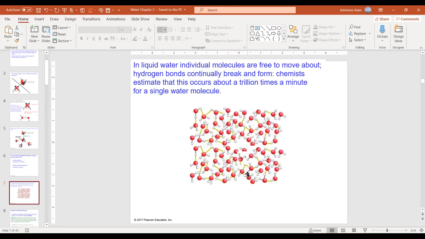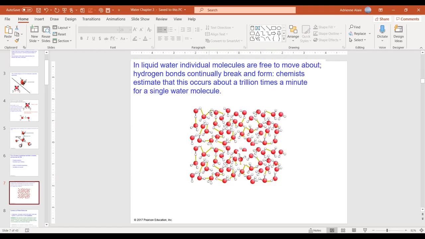So hydrogen bonds are constantly breaking and forming. Right? So look at this. Chemists estimate that this occurs 1 trillion times a minute for a single water molecule. So everything's under constant motion, kinetic energy, right? These water molecules have kinetic energy, and they're constantly making and breaking hydrogen bonds. I mean, that's just such a large number. It's really difficult to wrap your head around it. But I wanted you to think this is not a slow process.